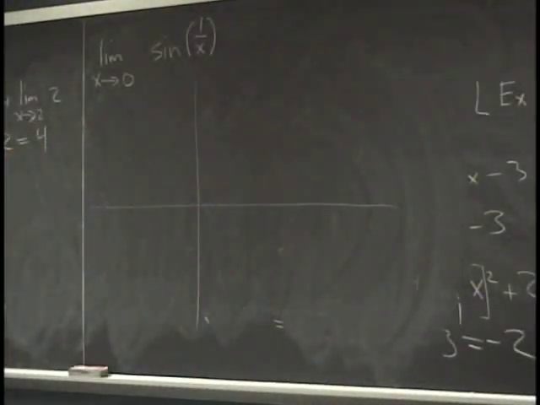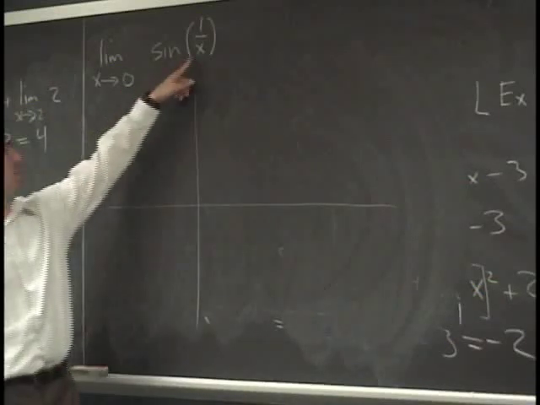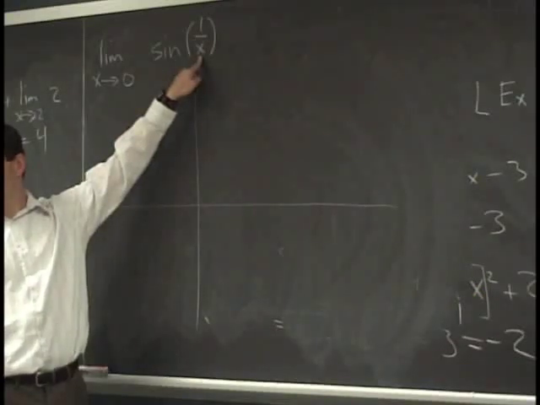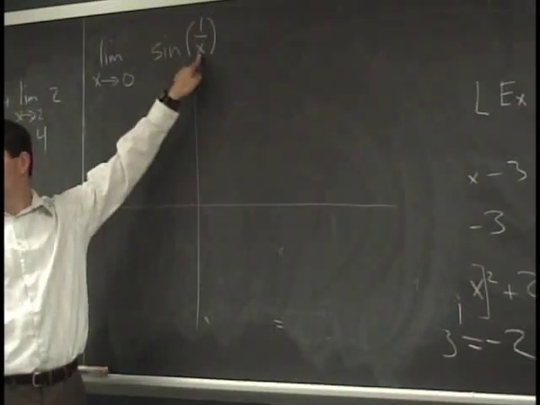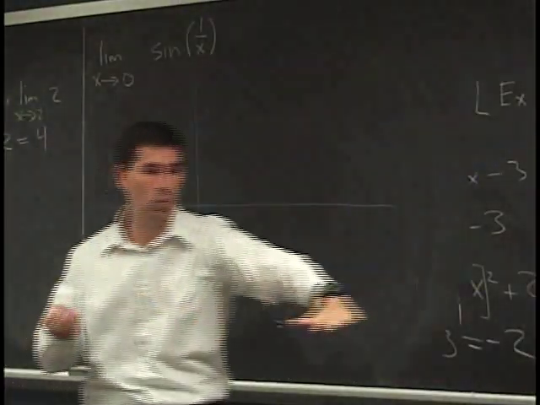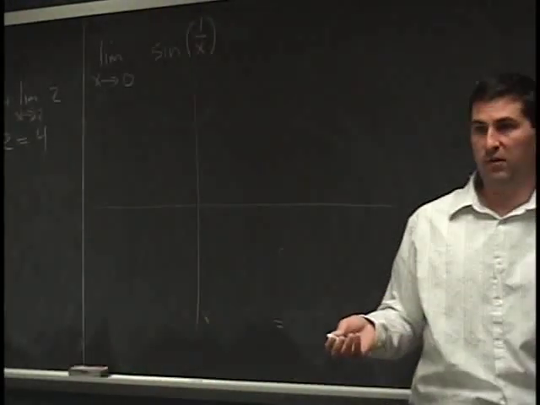Now, when x is really, really big, what happens to 1 over x? Yeah, it gets really, really small, right? Because as x gets really, really big, that thing flattens out and goes to 0.